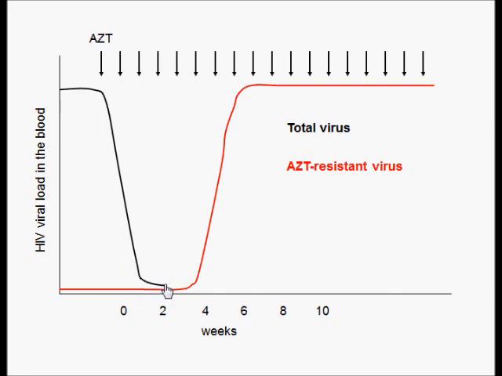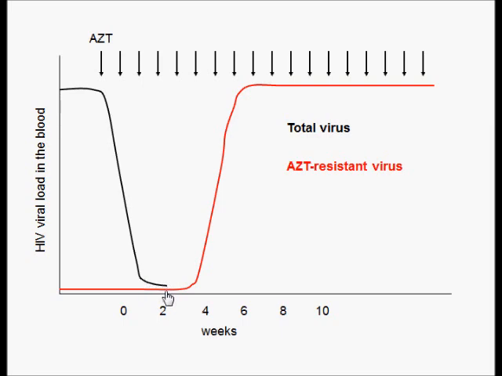But then the virus is tricky because there's so much mutation. One of the viruses is going to say, oh man, look, I have this way to evade AZT. Like, I'm no longer going to be affected by it. The fact that this is reduced is great, but it's because AZT is working.